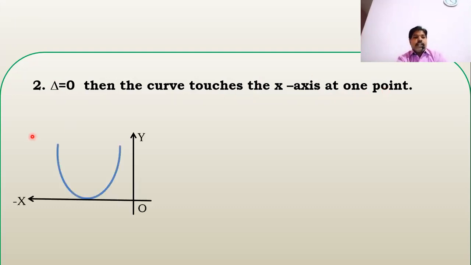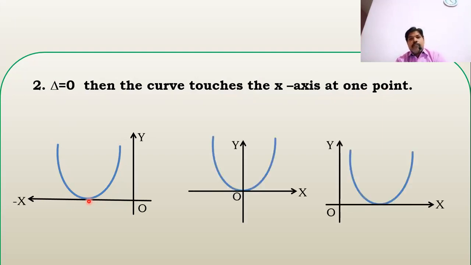See this one, it is already a greater than 0. It is an upper parabola and just touches the x-axis. So in this case also, you can take this one or this one, any one, by using the curve equation that is given, you will form the curve. But it is an upper parabola and touches the x-axis at one point.